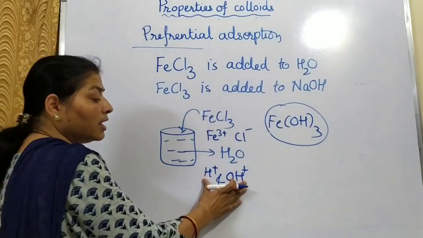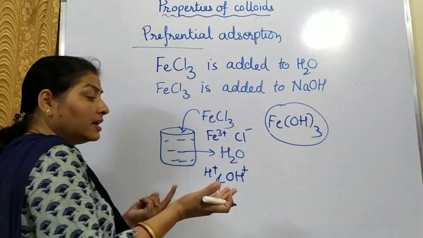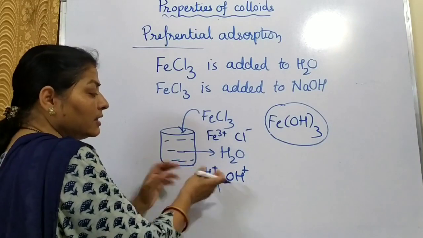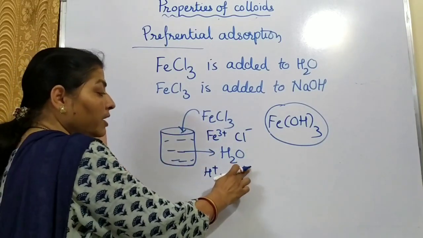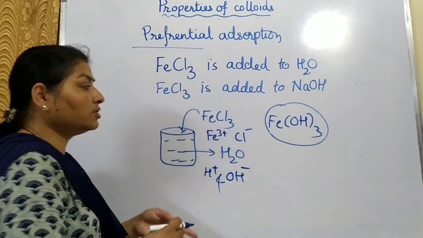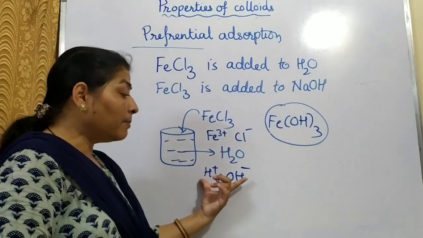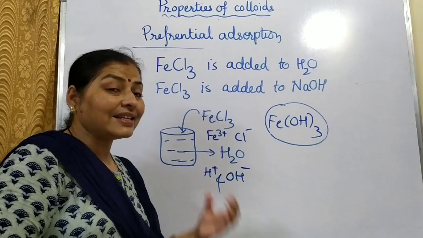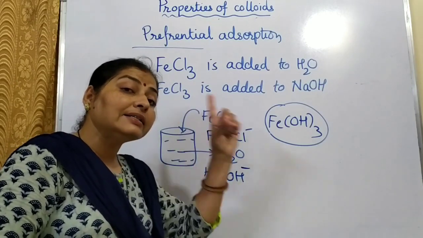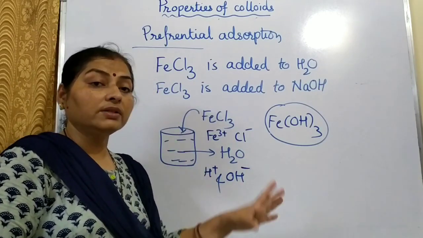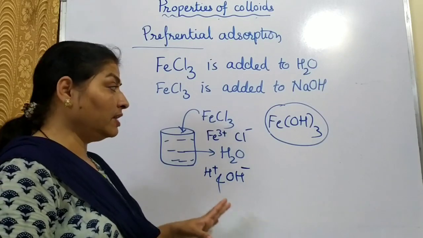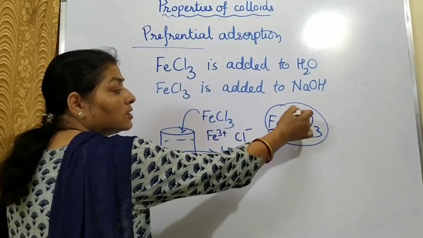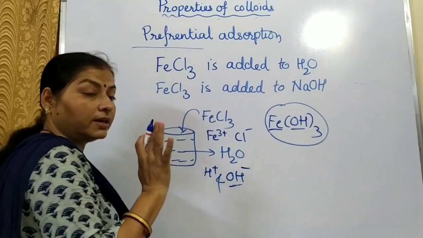So at first sight it appears that H plus and OH minus ions are there in the container, so OH minus ion should be adsorbed on this surface. But the number of H plus and OH minus ions is not sufficient. So what is the actual concept? The excess ions, whichever ion has more concentration. So in this case, which is the common ion out of the two? OH is not available from water as a source.